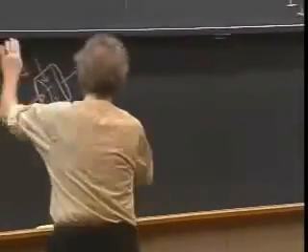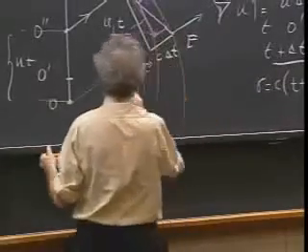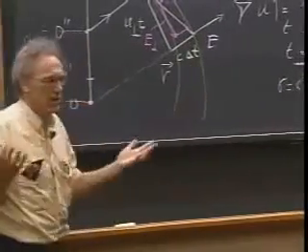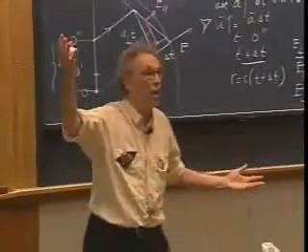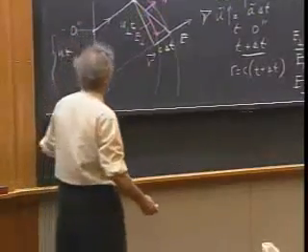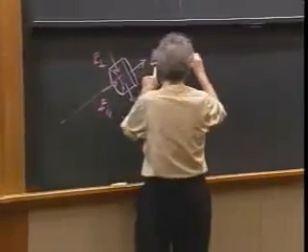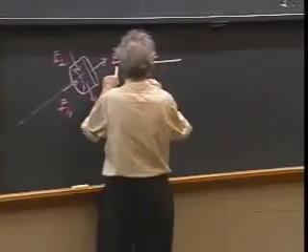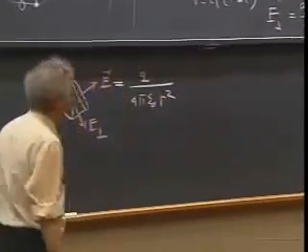But I do know what this E field is. That is 8.02. If someone tells you that I have a charge sitting there, what is the electric field at a distance r? That is Coulomb's law. Just as simple, it's not Coulomb's law, it's Gauss's law. But in any case, you will find very easily that this E vector is Q divided by 4 pi epsilon 0 r squared. It falls off as 1 over r squared.